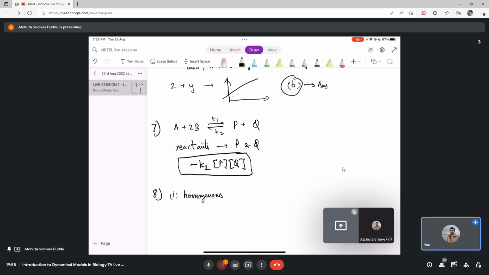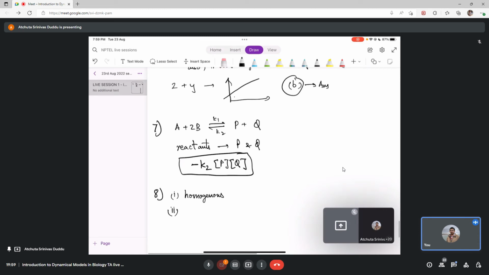The protein would be concentrated near where you injected it and slowly diffuse over. So when we are considering homogeneous models, we have already assumed that it is diffused all over and has become a homogeneous system completely over the cell. Otherwise our ODEs would not work. So that's why the first assumption we make is that the system is homogeneous. This works for the case of diffusion or other components as well.